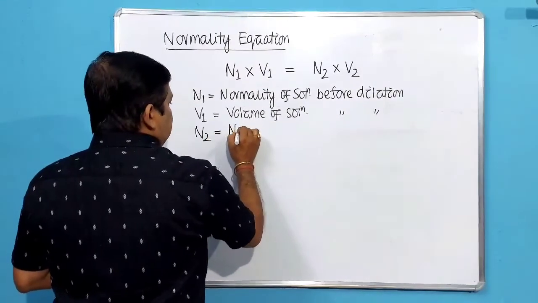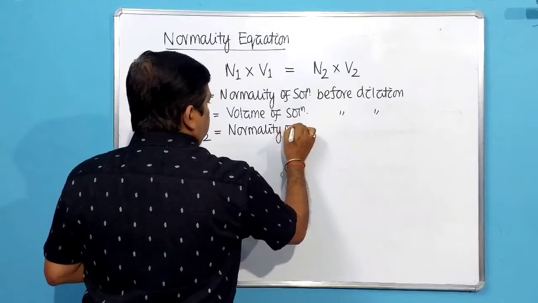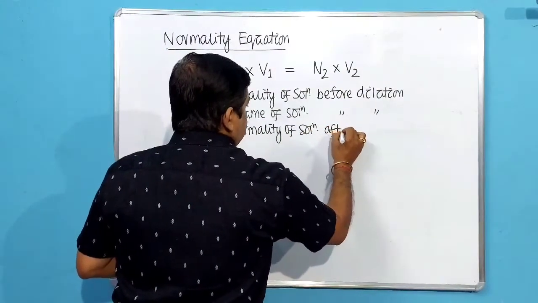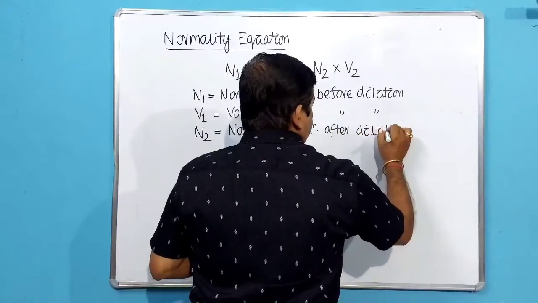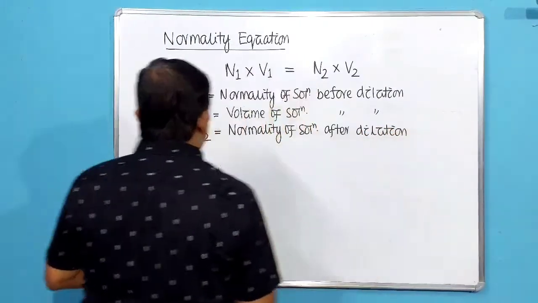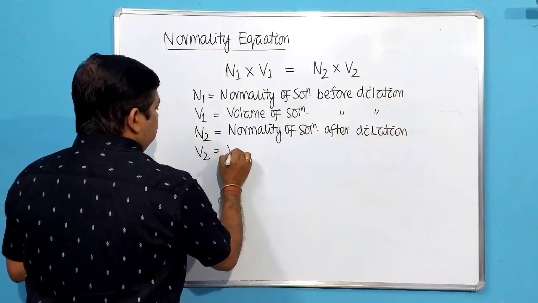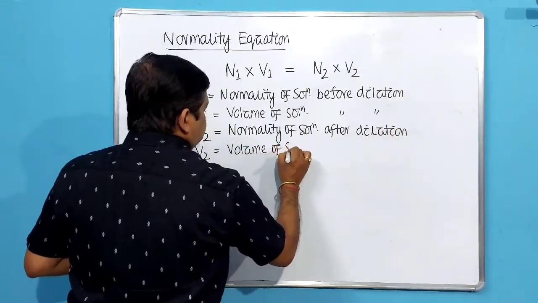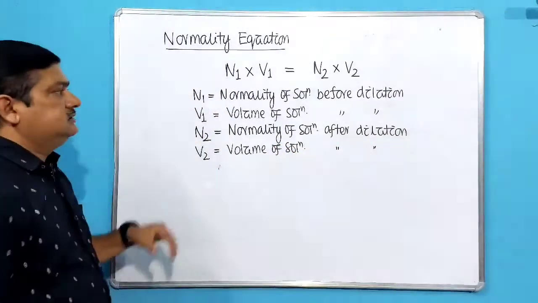So, what is N2? Normality of solution after dilution. Similarly, the new volume will be V2. That means volume of solution after dilution.